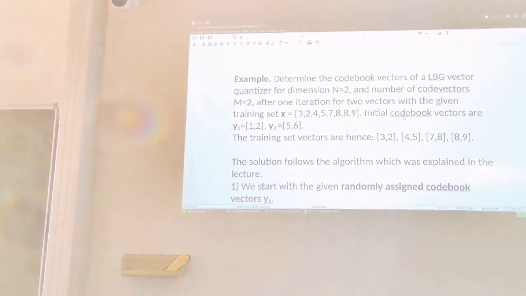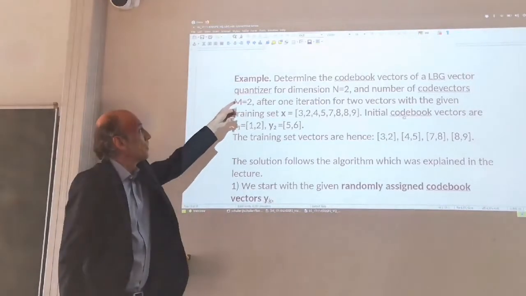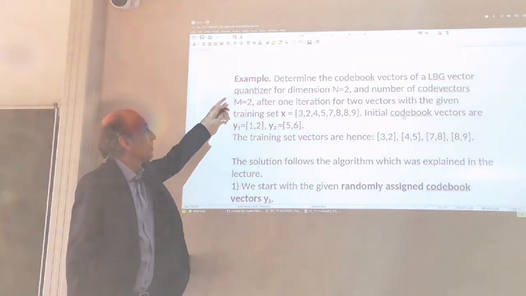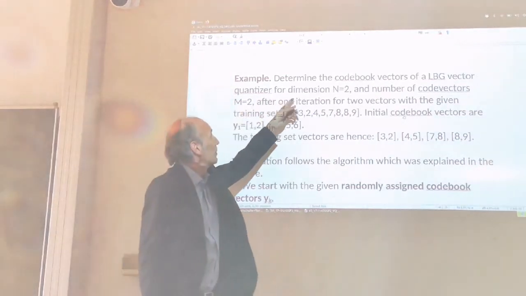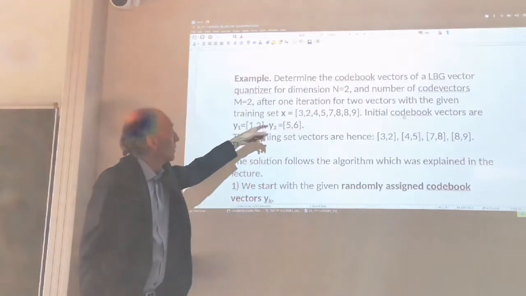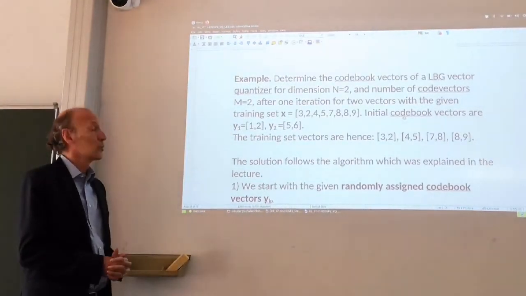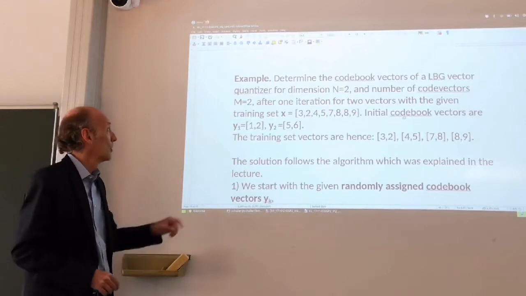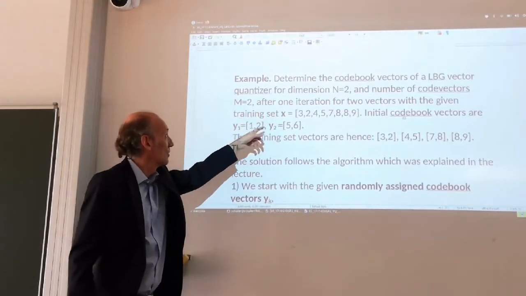Now an example. We want to determine the codebook of vectors of an LBG vector quantizer for dimension n equals 2, and the number of code vectors should be m equals 2, so just 2 vectors. After one iteration for 2 vectors with a given training set x.